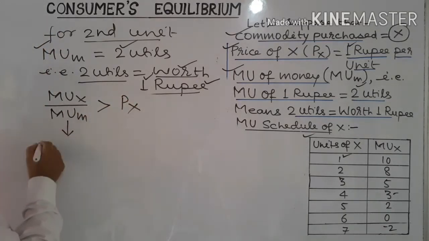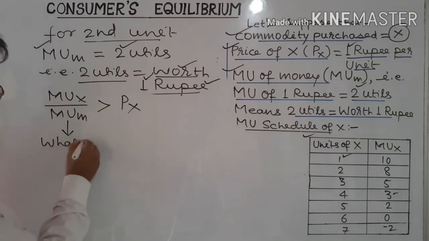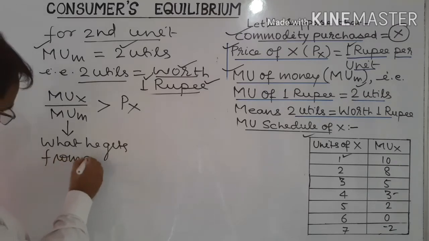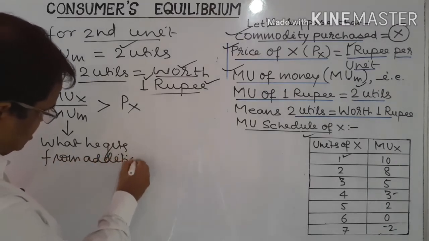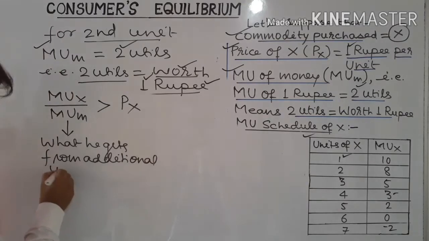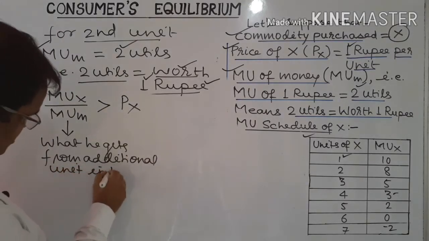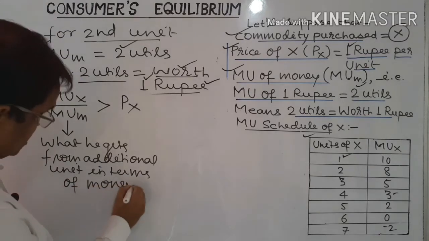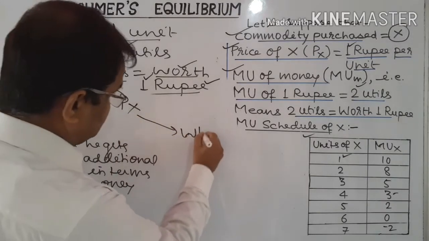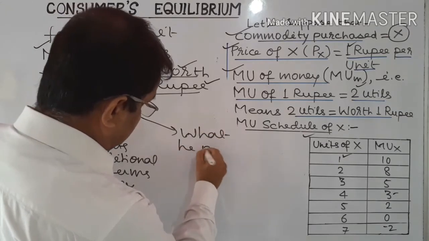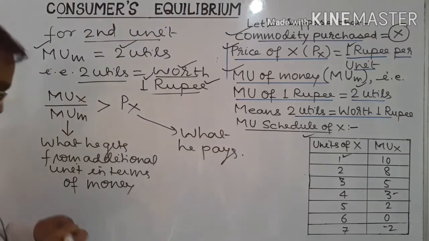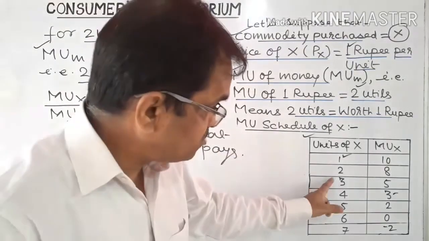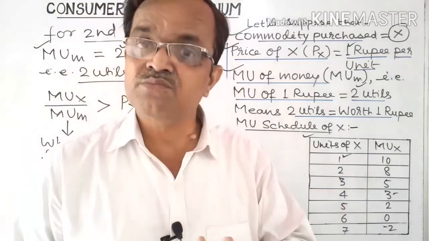The same conclusion, that is what he gets from additional unit, वो जो भी एक्स्ट्रा एडिशनल यूनिट से जो उसको सेटिस्फैक्शन मिलता है इन टर्म्स ऑफ मनी, इसको जब हम कन्वर्ट करते हैं रुपी टर्म्स में, देन इट इज मोर देन व्हाट ही पेज फॉर दैट पर्टिकुलर यूनिट ऑफ द कमोडिटी कंज्यूम्ड, एंड देयरफॉर द कंज्यूमर वुड डिसाइड टू मेक द परचेज ऑफ द थर्ड and the fourth unit of the commodity.